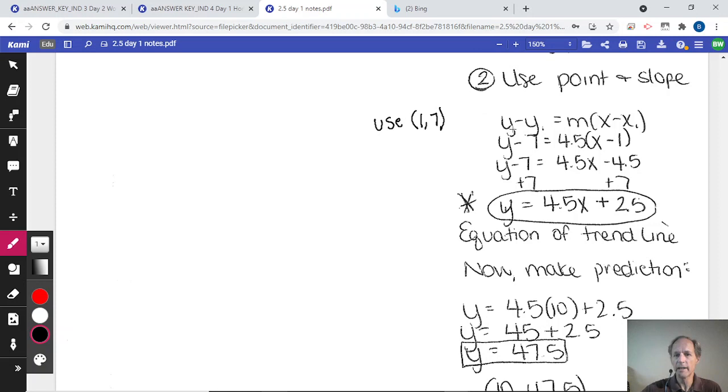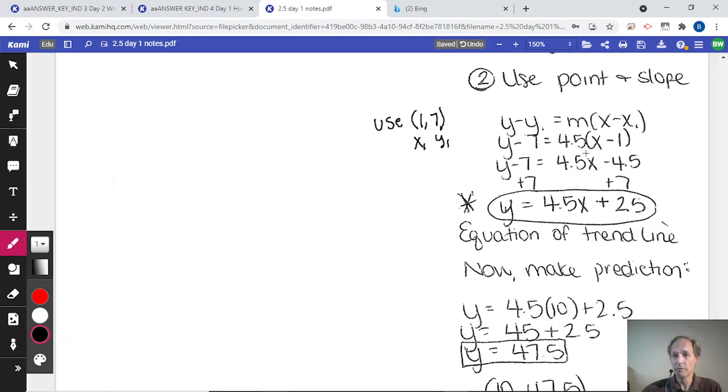Okay, so we're going to take y minus y sub 1. So that's y minus 7 equals m times x minus x sub 1. That's x minus 1. And just to remind, that's x sub 1. That's y sub 1. So plug it in.